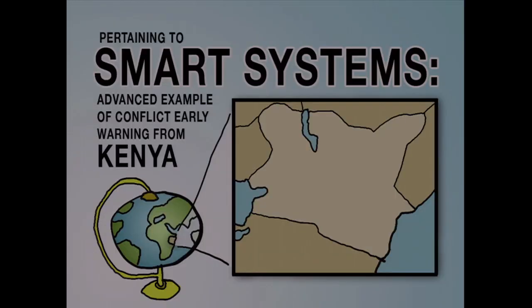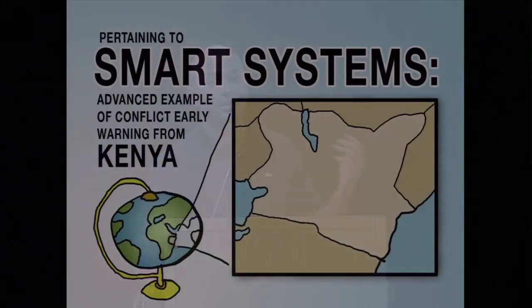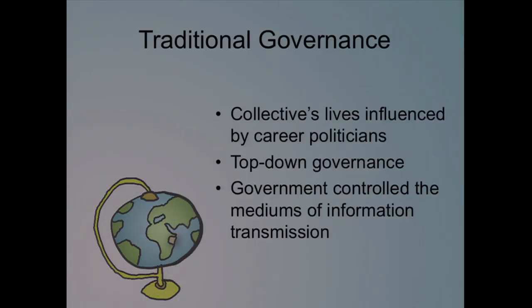So as I showed you in the video, usually there is a disparity between the collective and what the government has been doing. And in order to see what's been happening in the world in a more prescriptive lens, we need to look at how the government engages with people. The traditional governance structures that we've seen have been top-down governance.